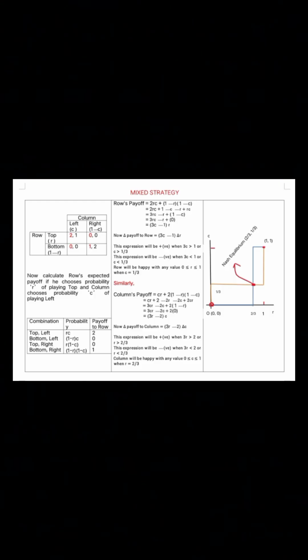Next, rho will be happy with any value, that is R in between 0 to 1, when C equals 1 by 3. So depending upon the probability of choosing strategy from the column side, rho will have a positive, negative, or range between 0 to 1.